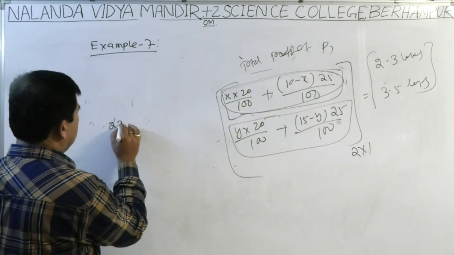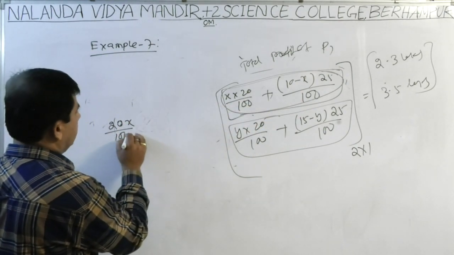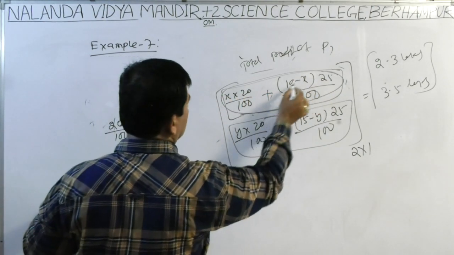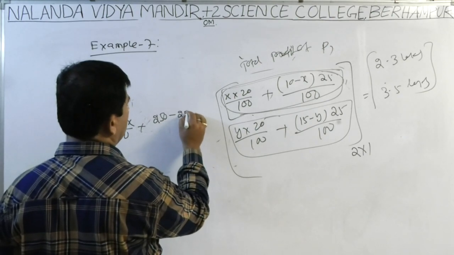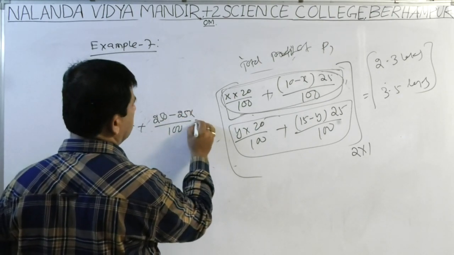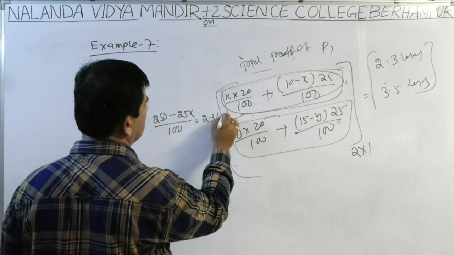20X divided by 100 plus 250 minus 25X divided by 100 is equal to 2.3 lakhs.